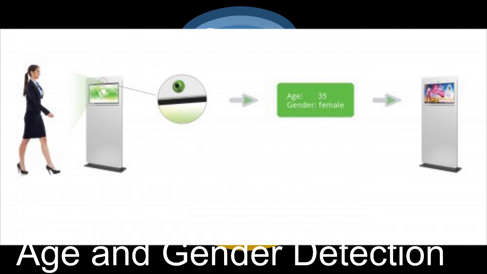Again, convolutional neural networks and deep learning methods are used to identify age and gender.